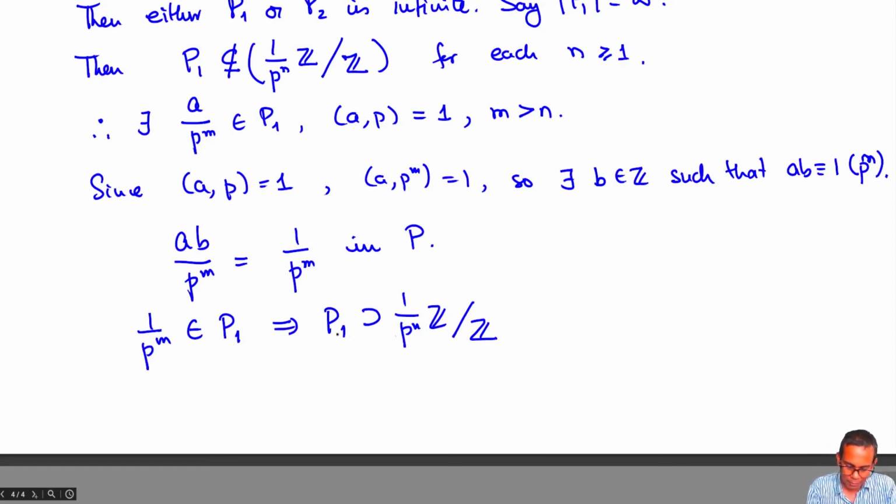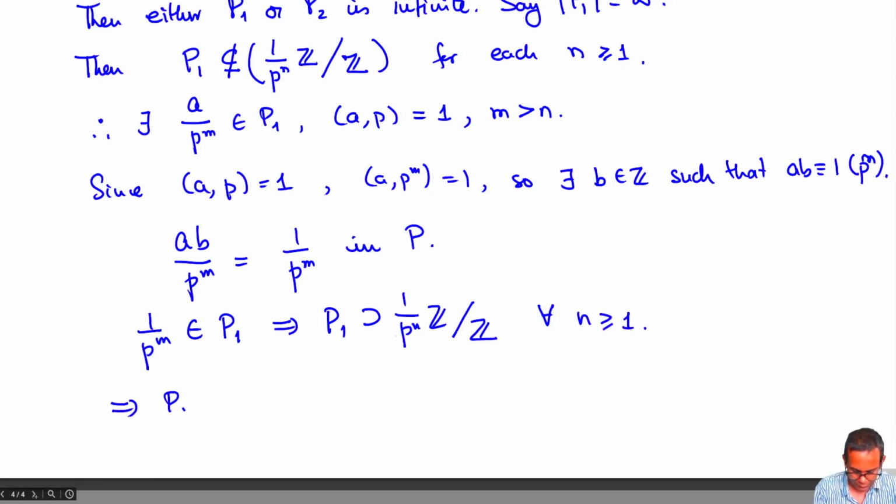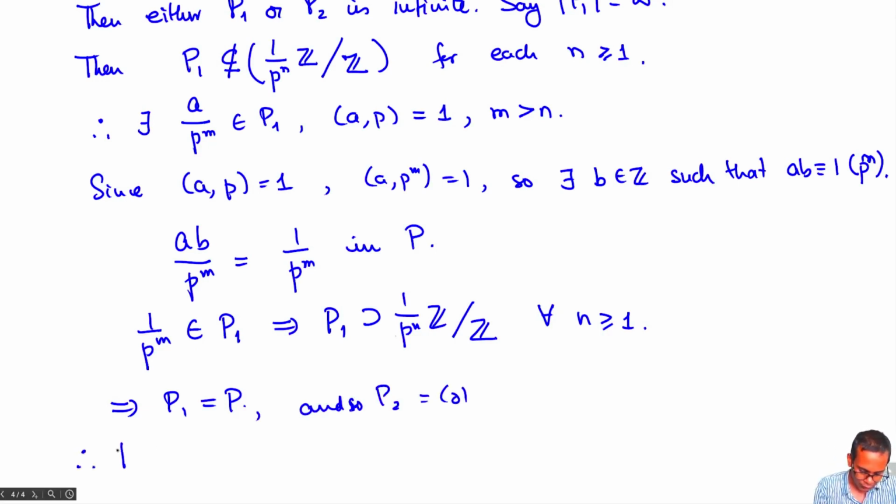So what we see is that P1 contains 1 over P to the n Z mod Z for all n greater than or equal to 1. But this clearly then implies that P1 is equal to P, because P is precisely the union of these subgroups, and P2 is 0. So this means that the Prüfer group P is indecomposable.